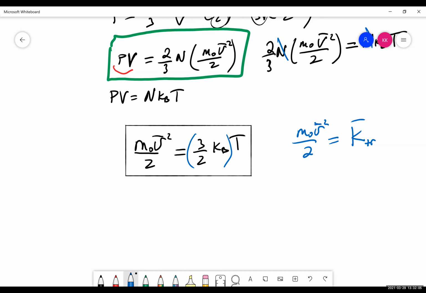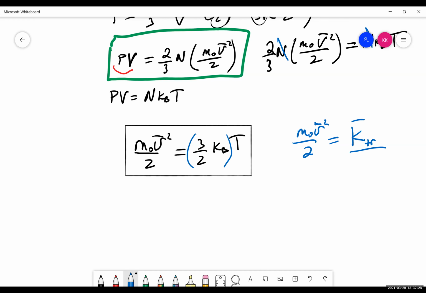Lower their kinetic energy, slower they're moving, or lower the temperature. That means temperature is directly proportional to the kinetic energy in your system, how fast they're moving. So this is basically the average translational kinetic energy of your molecules.